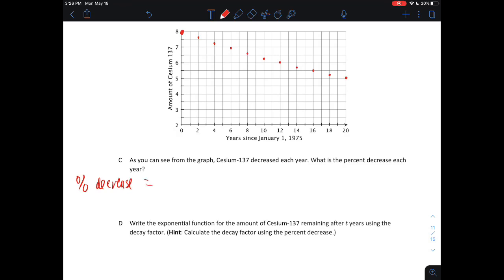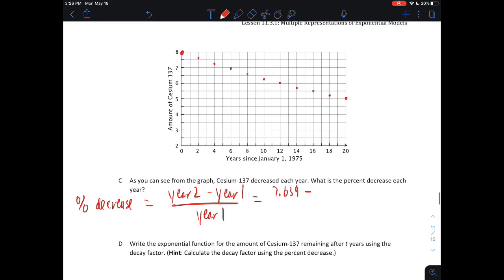Let's pick year 2 amount minus year 1, and then divide that by year 1. Year 2 amount we already got from the table on our previous page. The amount in year 2 was 7.639.